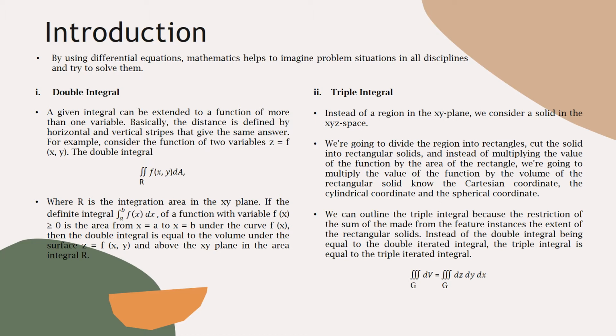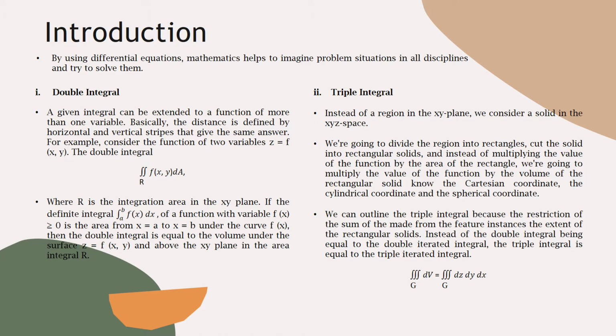First, double integral. A given integral can be extended to a function of more than one variable. Basically, the distance is defined by horizontal and vertical strips that give the same answer. For example, consider the function of two variables z equal to f(x,y), where R is the integration area in the xy plane.